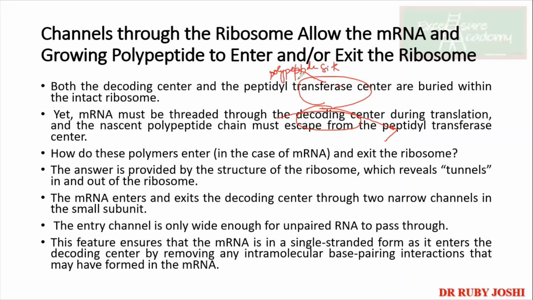Once you have this 3D structure of the protein, then it becomes easy to understand कि कहाँ पे वो channel या tunnel present है जहाँ से आपका mRNA हो गया हो या polypeptide chain हो गया हो, it can be removed.